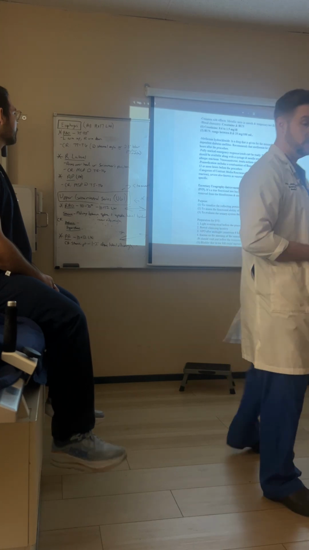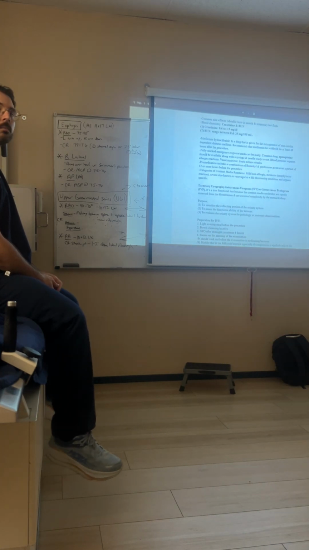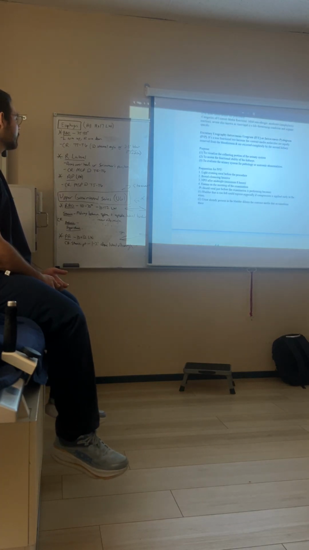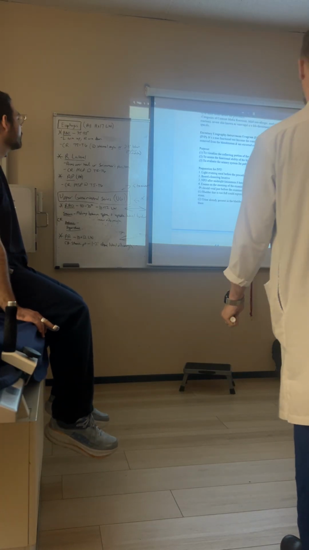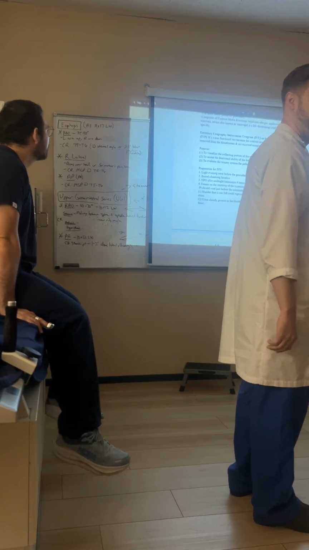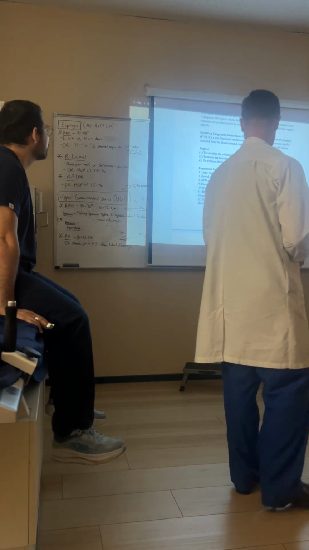The procedures that we do for the evaluation of the GU system. First we're going to talk about excretory urography, or the IVU, or IV urogram, or intravenous pyelogram. I would say that these are less frequently performed nowadays. I did them when I was an X-ray student.